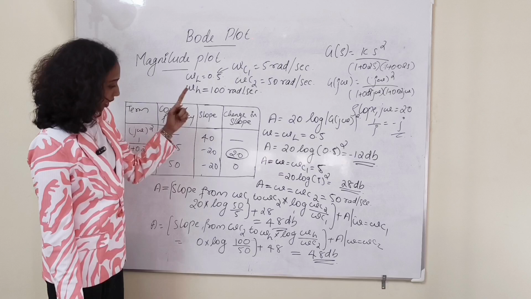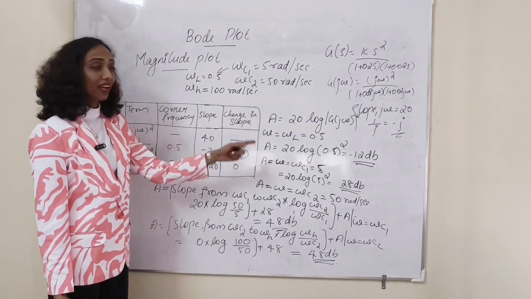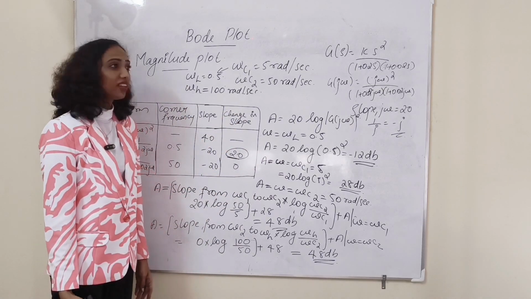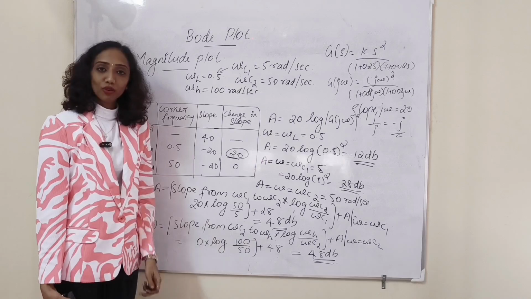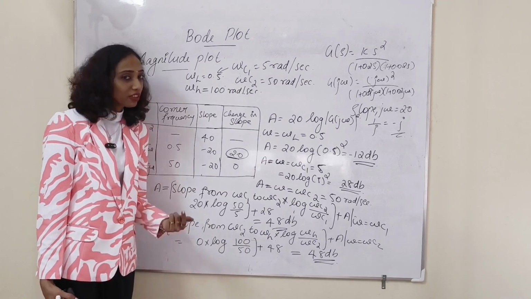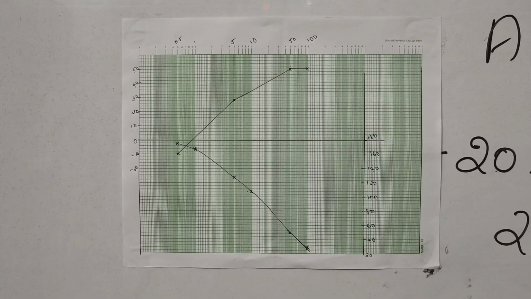Then we have all the gain values and the frequency values. Then we are ready to draw the magnitude plot. Shall we draw? Actually, I had drawn it already, but don't worry, I'll explain it neatly. To draw our magnitude plot, you need to take the log omega values and the magnitude values or the gain values.